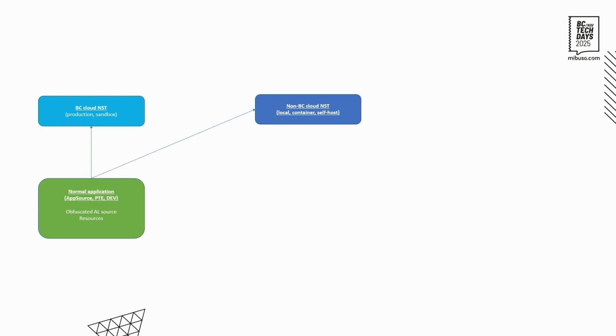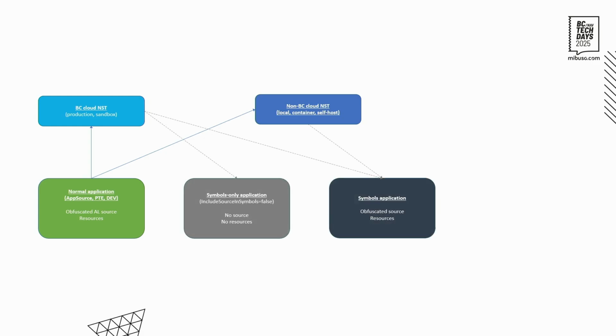From these two environments, sometimes you need to use what we call symbols. I guess you're all familiar with symbols. It's basically a reduced representation of the app that you can use to code against. The symbols can either come just with the metadata, or they can actually also contain source code.